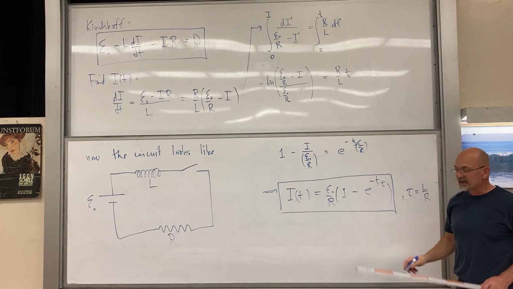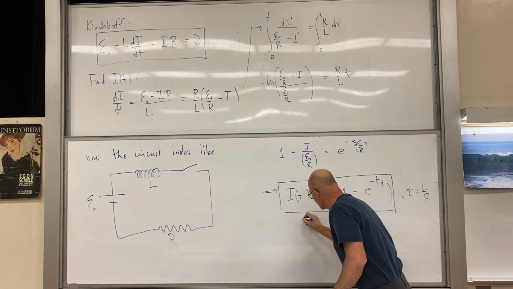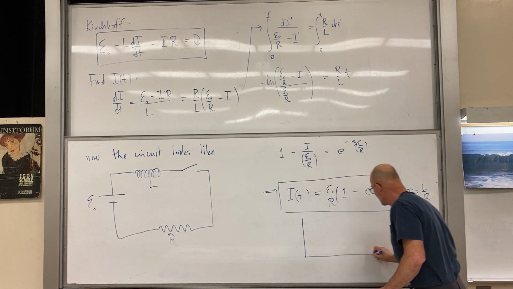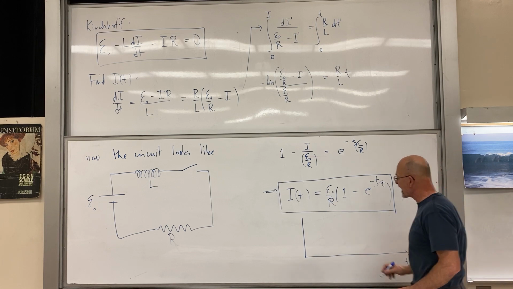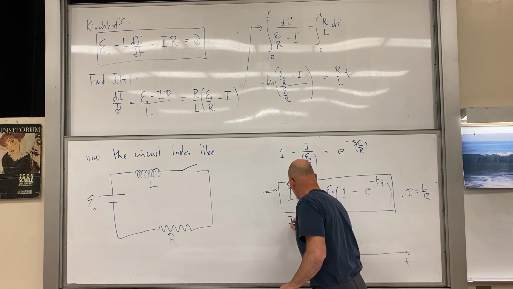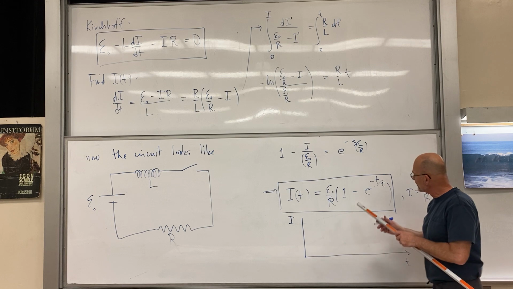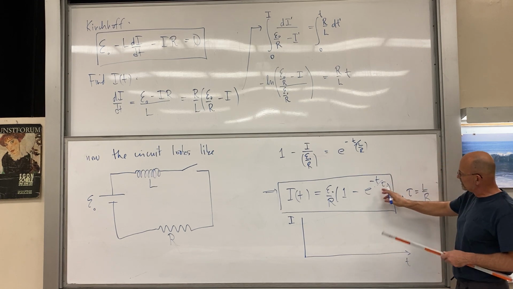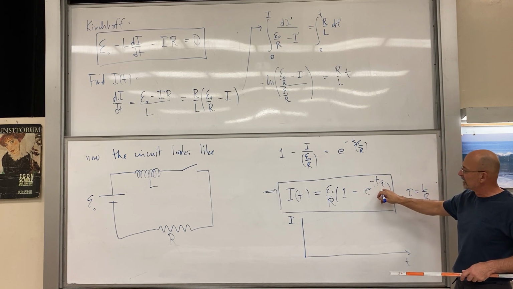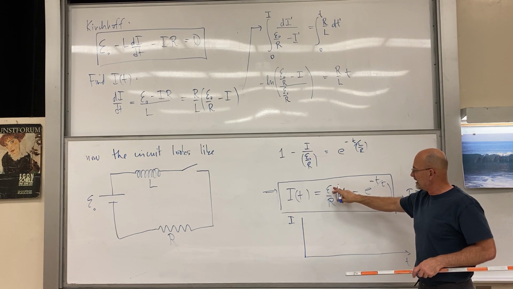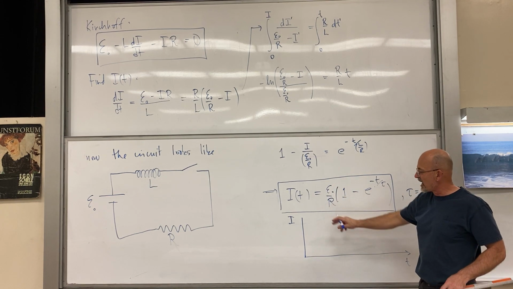Namely, if you graph this, which we'll do right under here, you've got a t-axis, you've got I. You can see the maximum value, when time is sufficiently greater than the time constant, is just given by the voltage over the resistance. So that's just by Ohm's law.